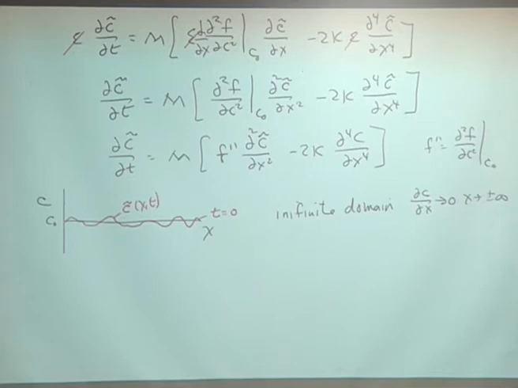So everything's well behaved at infinity, and so we're going to use Fourier transforms. If you were solving this in a finite domain, you'd use separation of variables and not Fourier transforms. You get sums of sines and cosines rather than integrals. So to refresh your memory about how Fourier transforms work, you have c as a function of x and t.